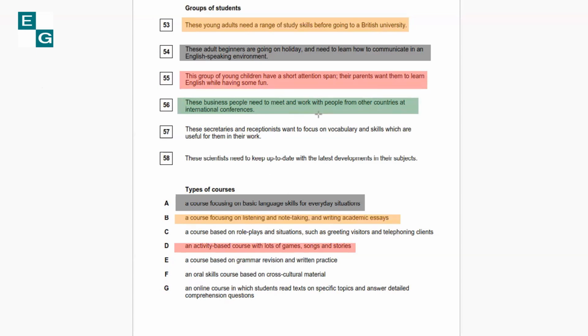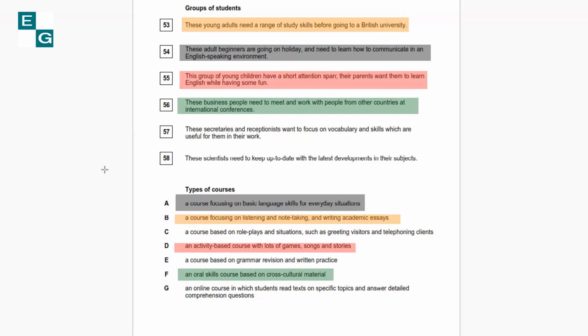I would say, first of all, they're going to be meeting. So you're going to have a course, which is, first of all, oral, because you need to develop English for meetings and English for presentations, and also cross cultural material. You want to think about the different cultures involved in your class.